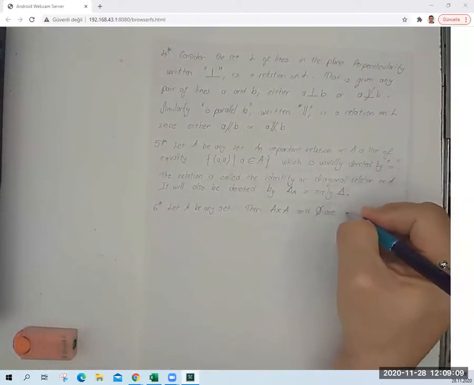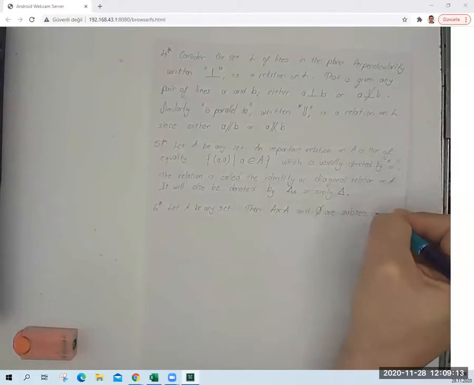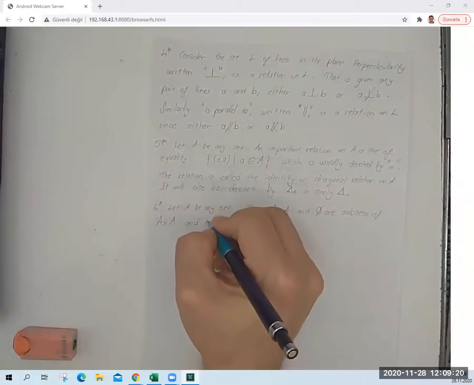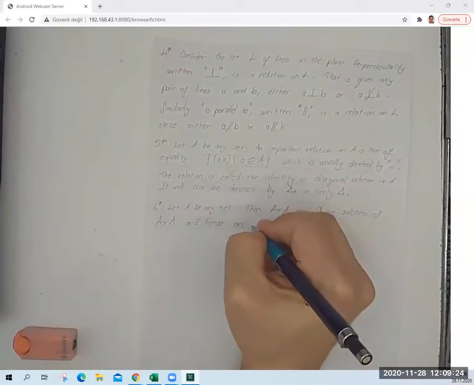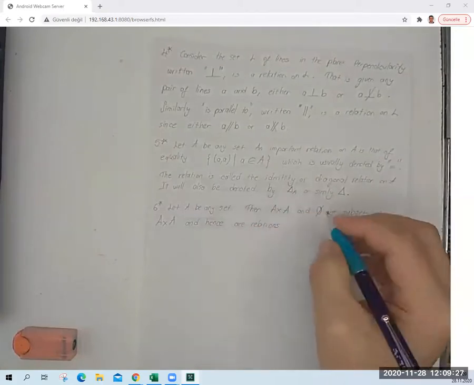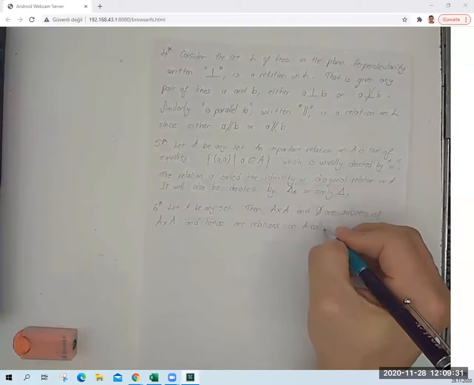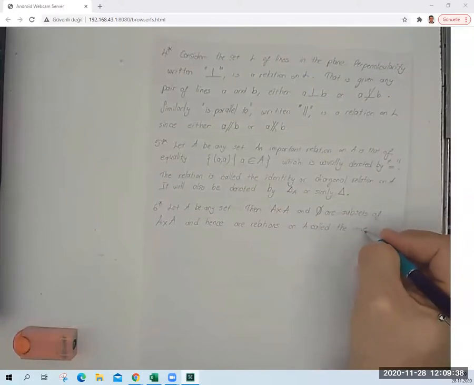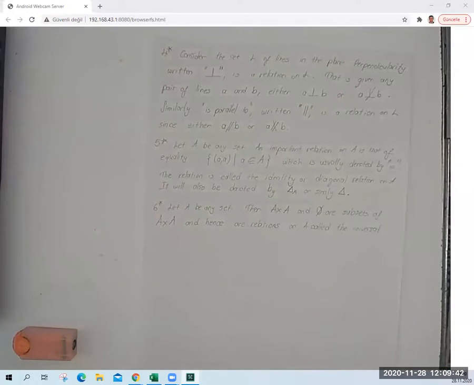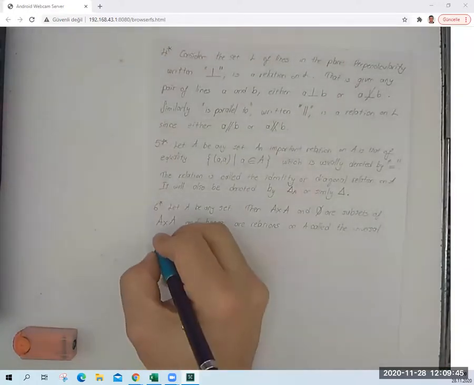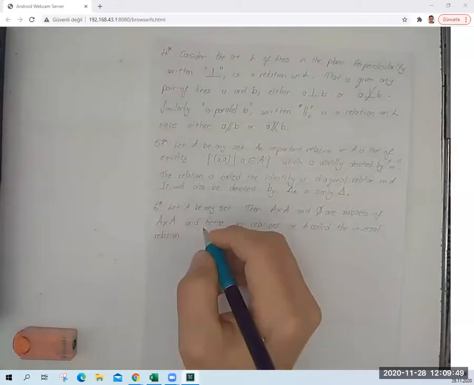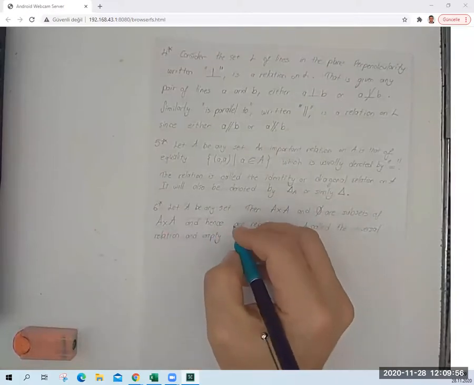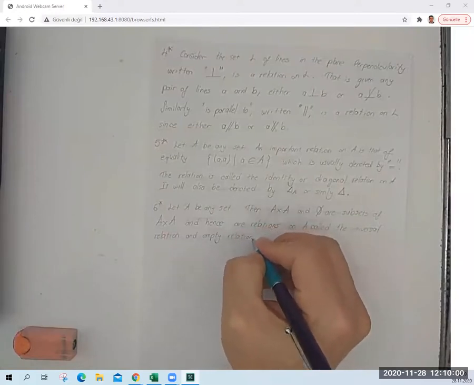Of course, both are subsets of A cross A, or A product A. A product A is called the universal relation, and the empty set is the empty relation, respectively.